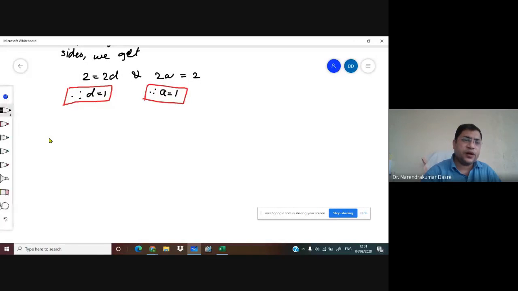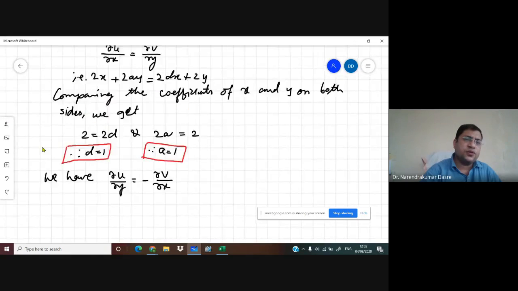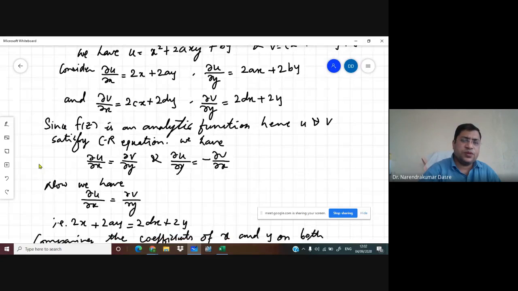Okay, so we have ∂w/∂y equal to minus ∂w/∂x. Let us put in these values. What is the value of ∂w/∂y? It is 2ax plus 2by, and minus this term.